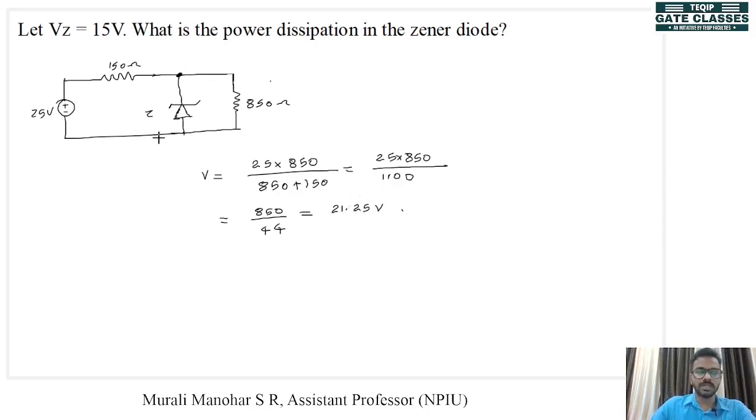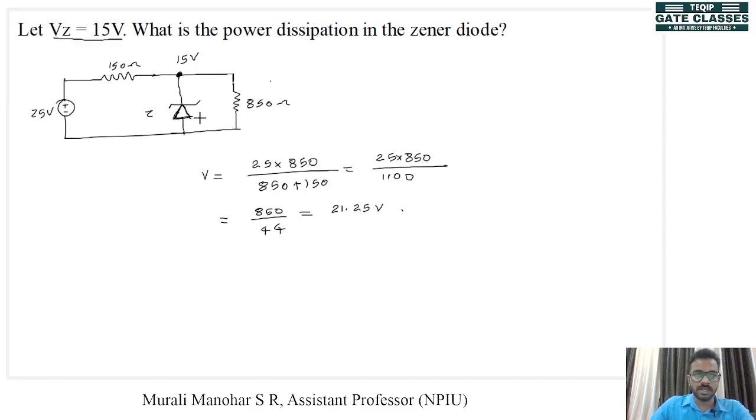That means our Zener diode is now in the breakdown region. But we also know that in the breakdown region, the voltage across the Zener diode is a constant, which is 15 volt. So at this point, we have a voltage of 15 volt, not 21.25. That is the voltage we got when we were assuming that the Zener diode is open circuited.